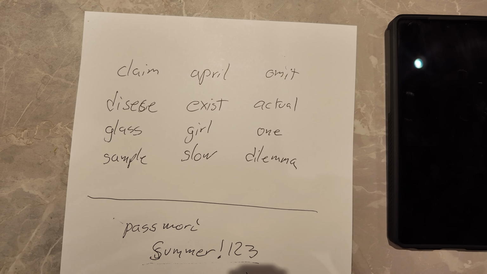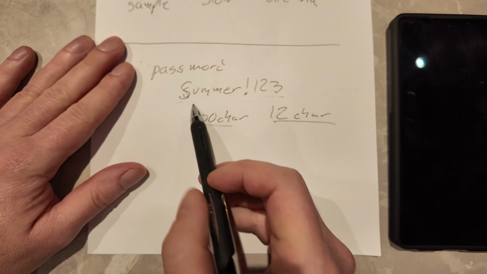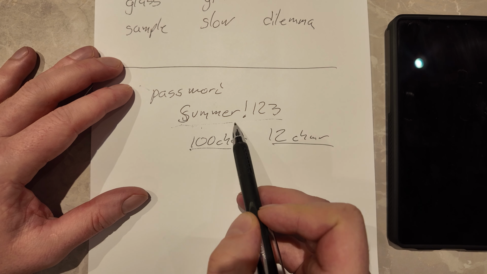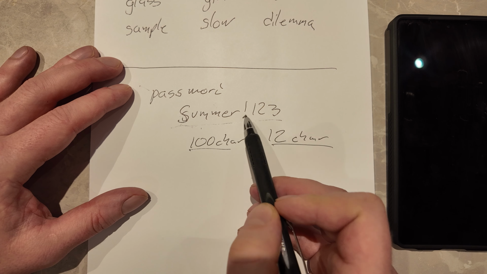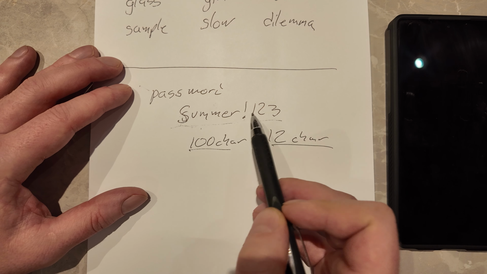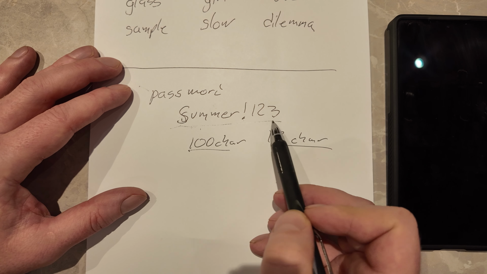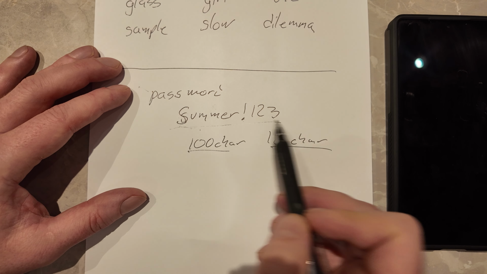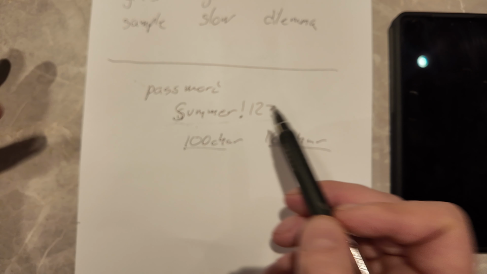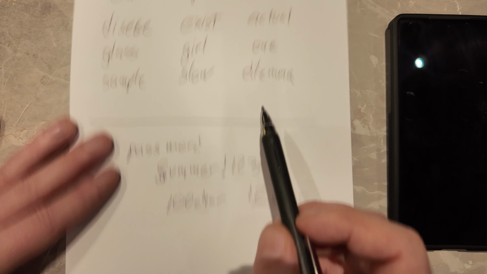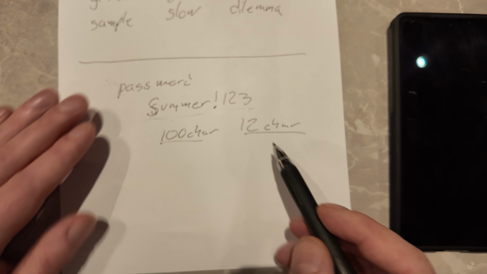That's a very important part, because this is not random at all. It's a normal word, it ends with an exclamation mark, which is very typical. 1 2 3 is a pattern, a very human pattern. So it is easy to hack a password like this. But a random one like this is not so easy.